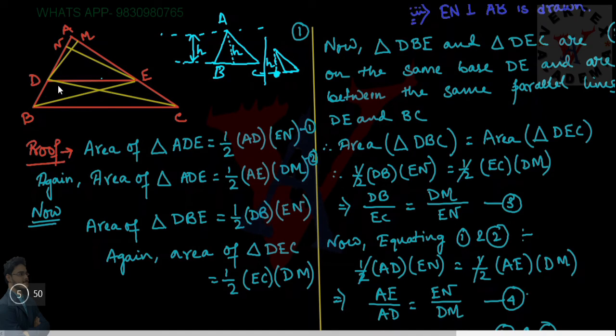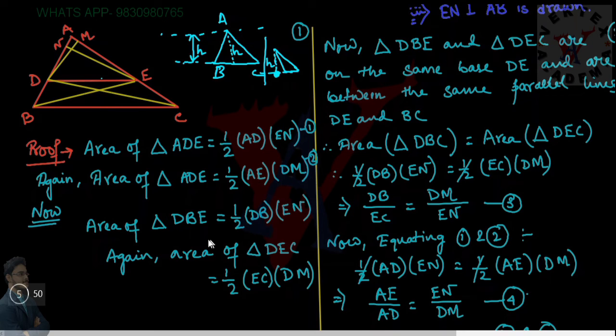Since DE and BC are parallel, the distance between them is the same, so they also have the same height. These triangles DBE and DEC lie on the same base DE and have the same height, so their areas must also be the same, right? Because if two triangles are on the same base and between the same parallels, their areas are the same.